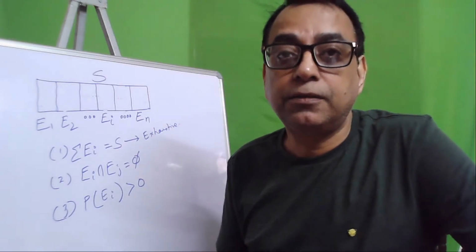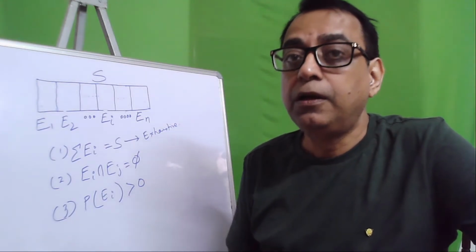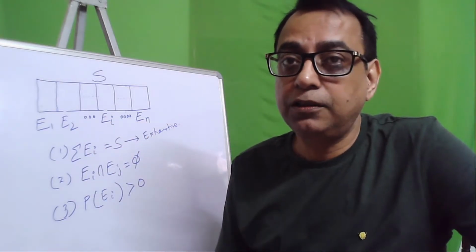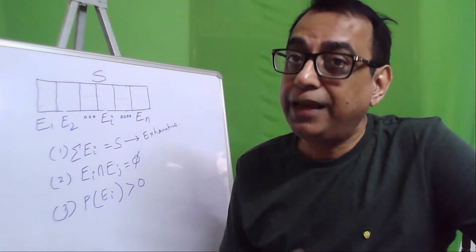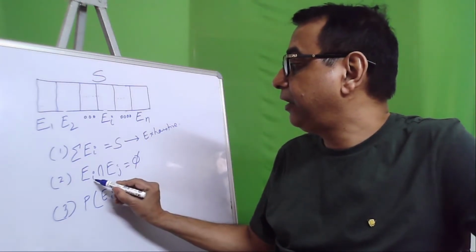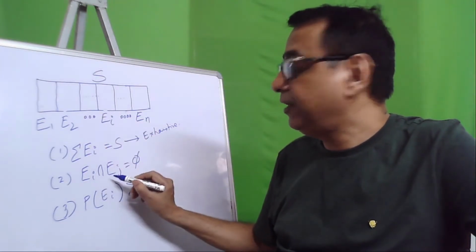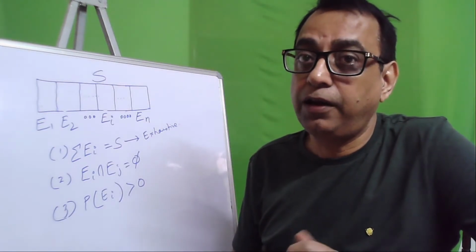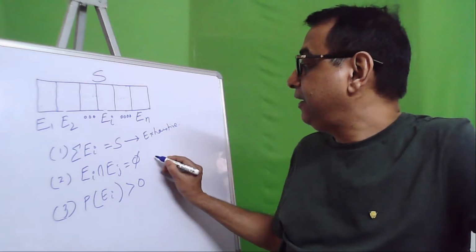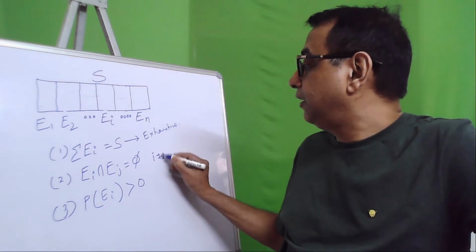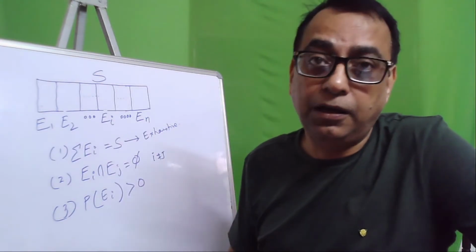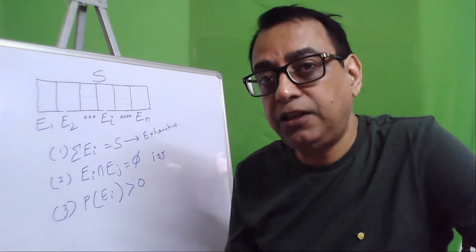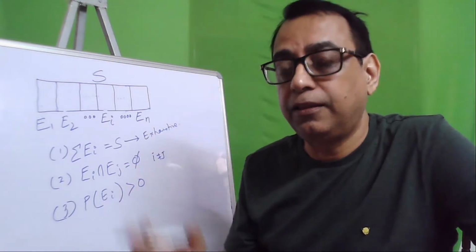And what is exclusive? The second condition is that all the events are mutually exclusive. That means if we take any two events, their intersection will be a null set or empty set. For any i not equal to j, E1 intersection E2 will be phi, E1 intersection En will be phi, and like that.